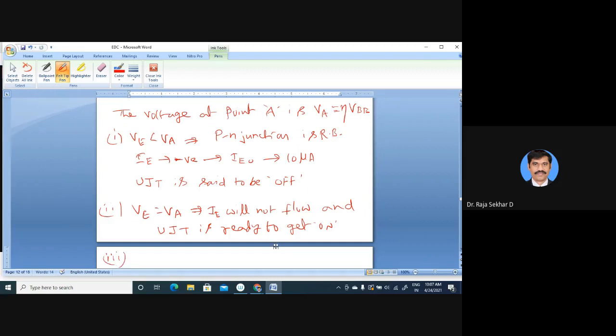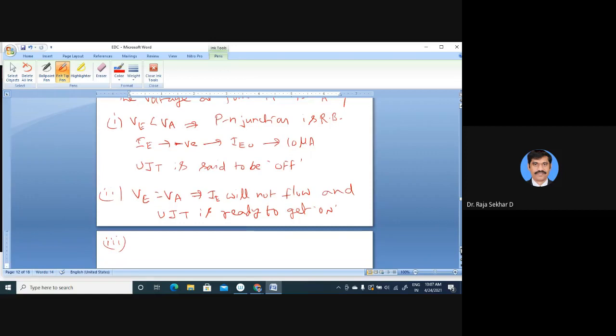Third case. Now when VE is equal to VA plus V gamma, where V gamma is the cut-in voltage, the P type has more voltage than the N side.